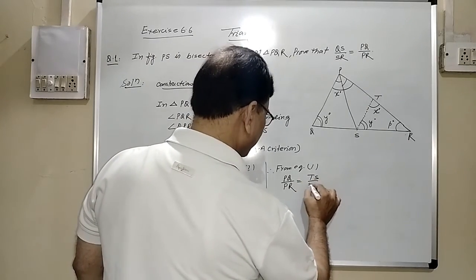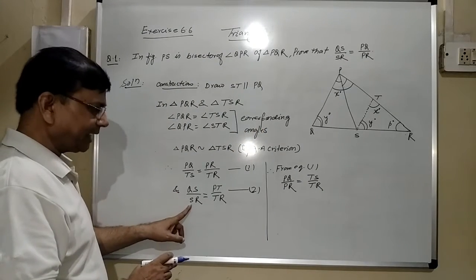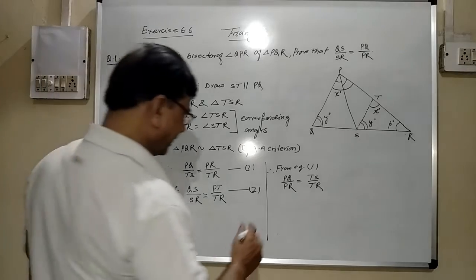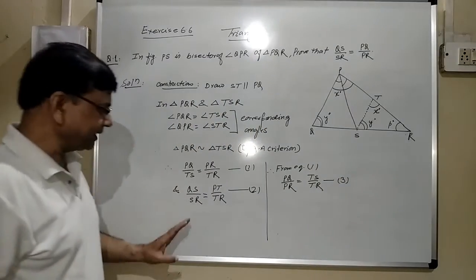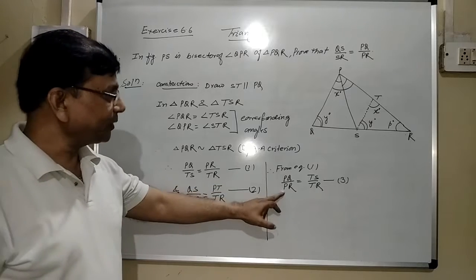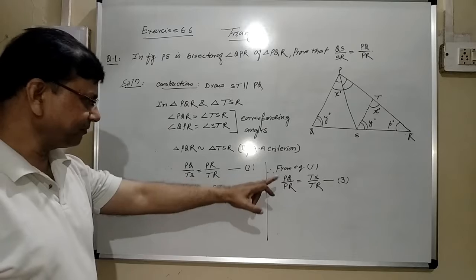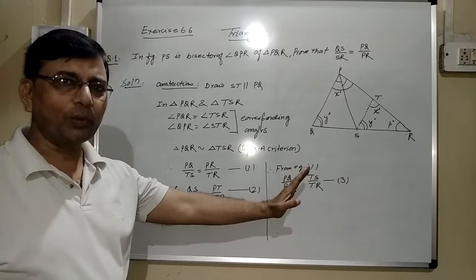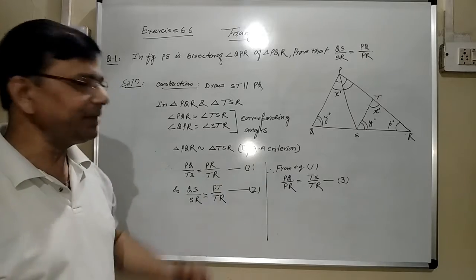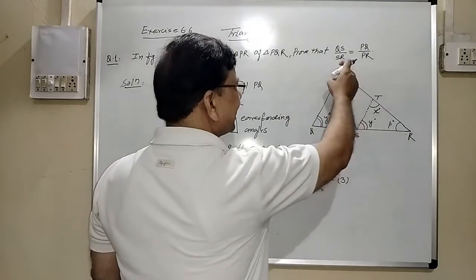This is equation number 3. What is given? PQ upon PR and QS upon SR, from third and second. So the right hand side must be equal, then only the left hand side will be equal.